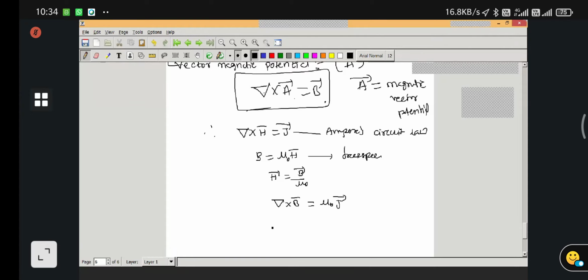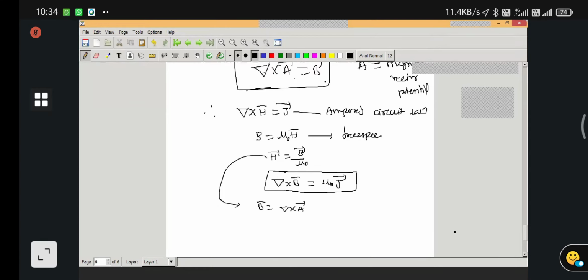In this situation, I take it in the box: B vector equal to curl of A vector. What is this? Using Laplacian of scalar potential.